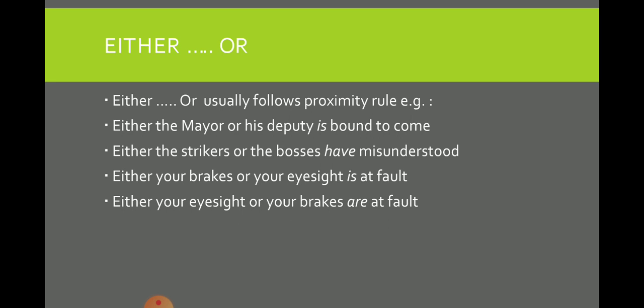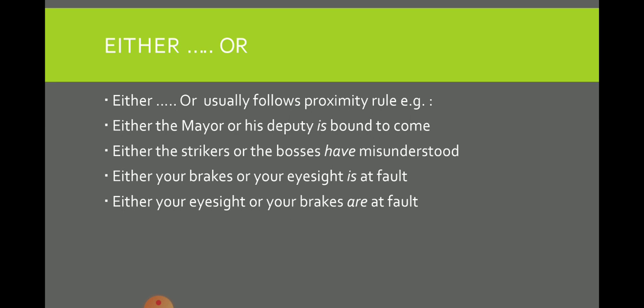Let's take this example. Either the mayor or the beauty is bound to come. Look here. Since the noun, the beauty, is singular, and it is the last noun before the verb, we used a singular verb.